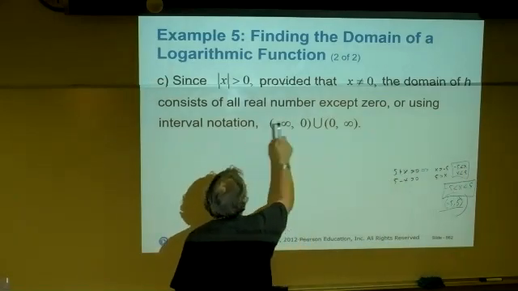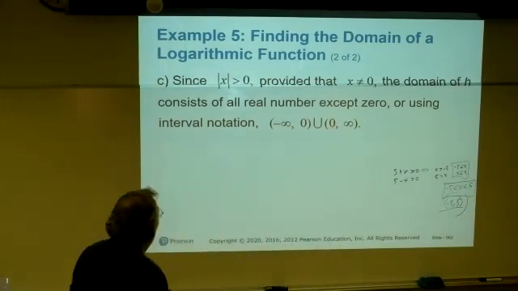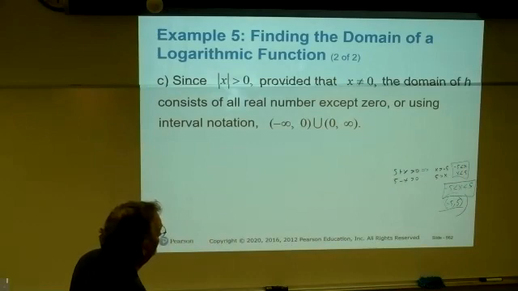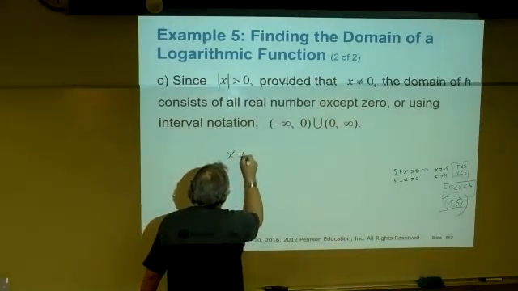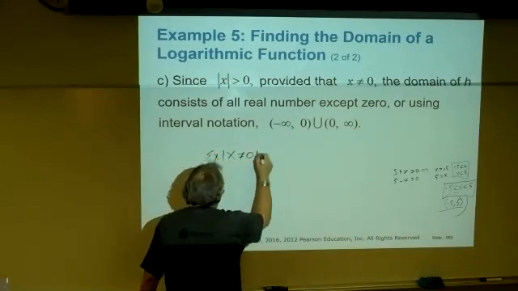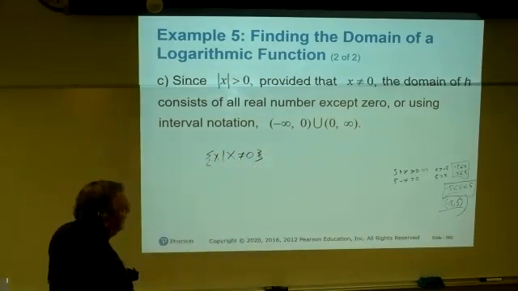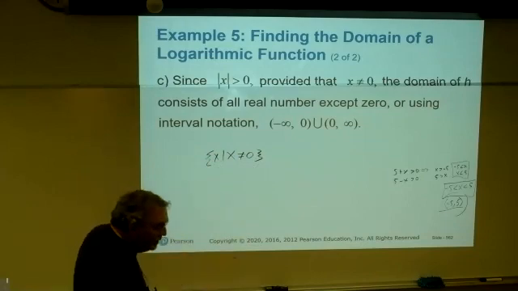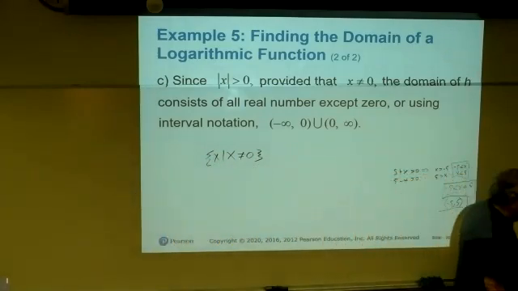So that means x can't be 0. So you can use the phrase all real numbers except 0, or you could say x not equal to 0. All x such that x is not equal to 0, or you can use two intervals, one below 0 and the other above 0, and it's the union of those two sets of numbers.